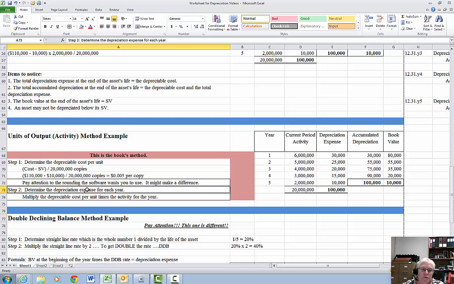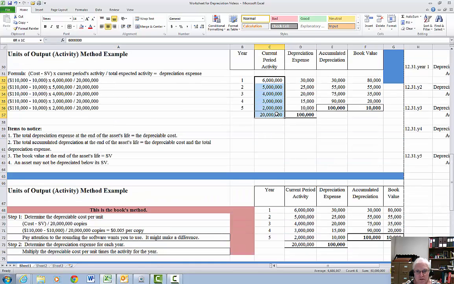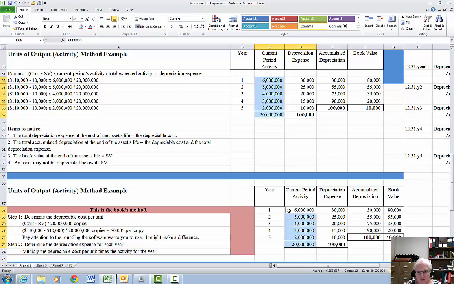To determine the depreciation expense for the year, I'm going to multiply the depreciable cost per unit, that half-cent, times the activity for the year. So year 1, my activities are going to be the same for both systems. 6 million times the 0.005 is going to give me $30,000. There's my formula right here.